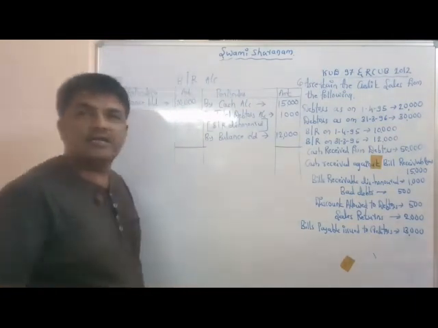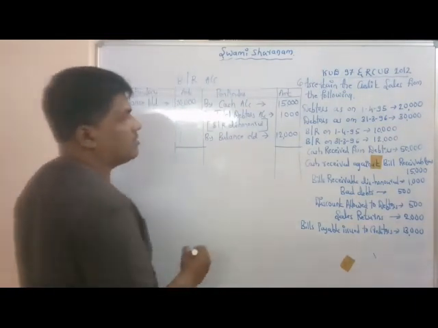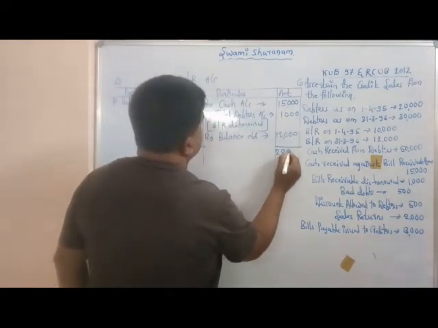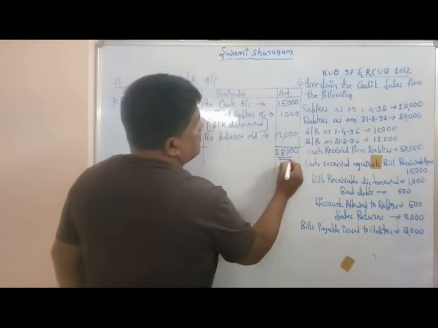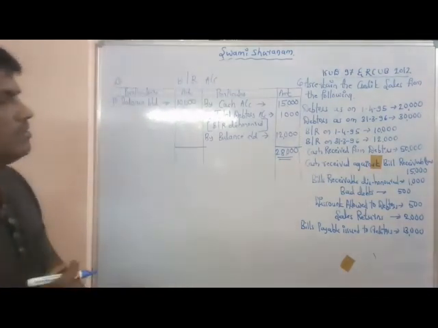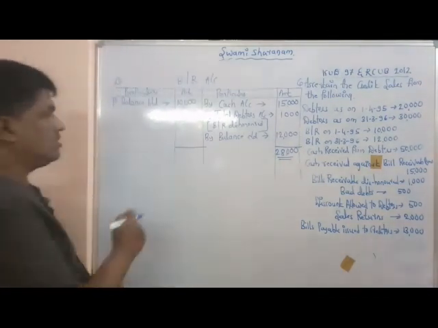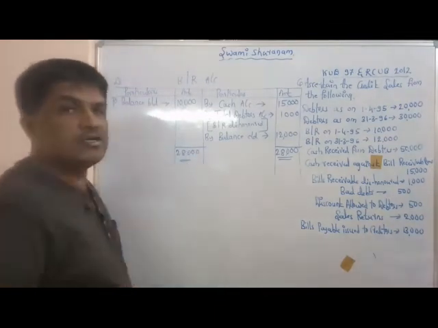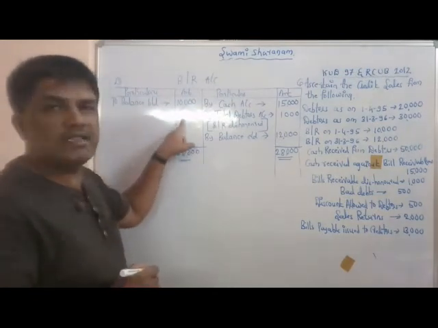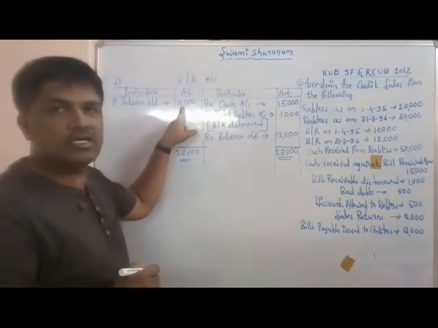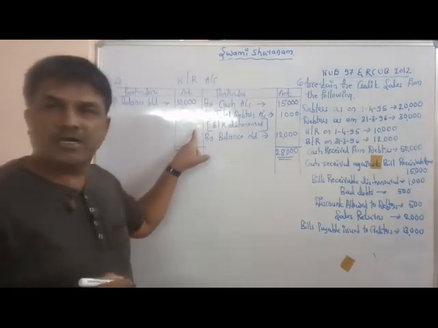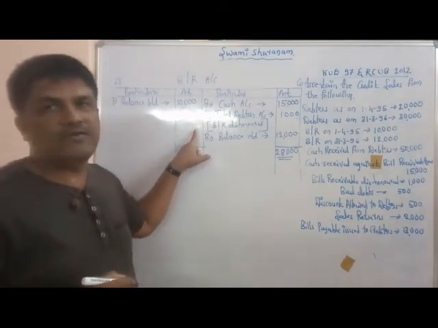We total the credit side: 15, 16, it comes to 28,000. So here also you take 28,000. Then how much difference comes? 18,000. 28,000 minus 10,000, the difference comes to 18,000. So this 18,000 is nothing but bills receivable received from debtors.